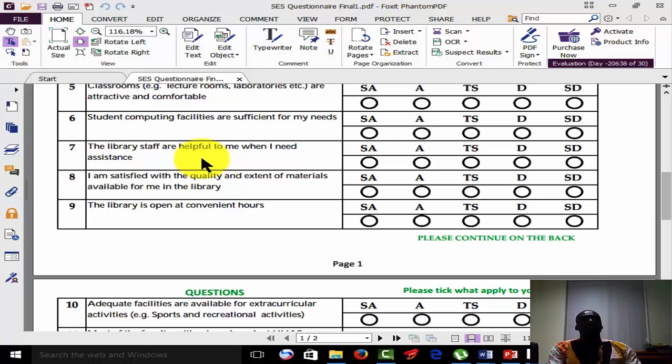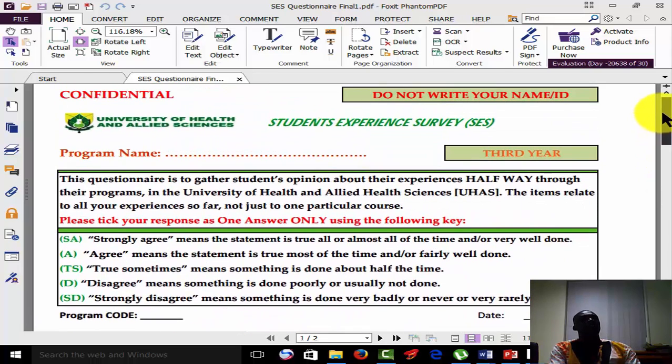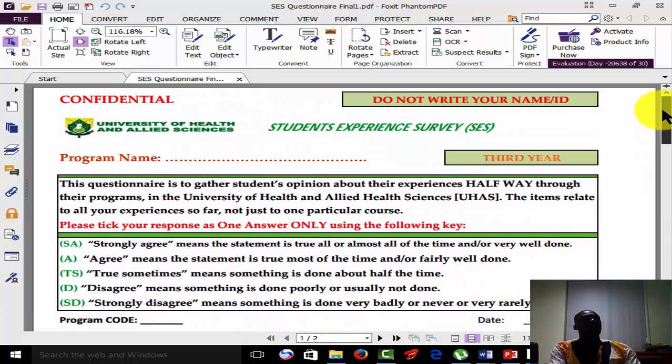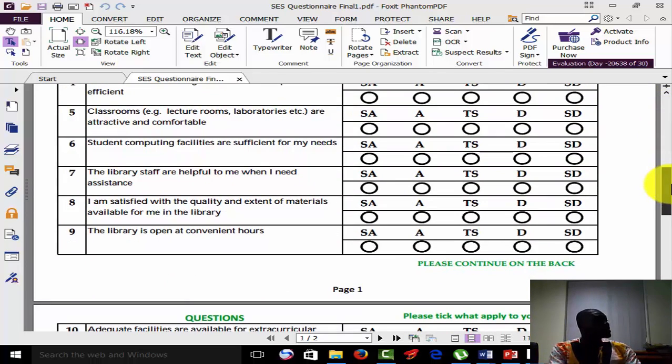Take your time. The services we are offering do not discriminate as to who came from far and near. Then you can bring it in. Look at the content of what you are looking for. You are looking for what? Students' experience. So in this case, is the student experience with the library facility or service being rendered by a school.